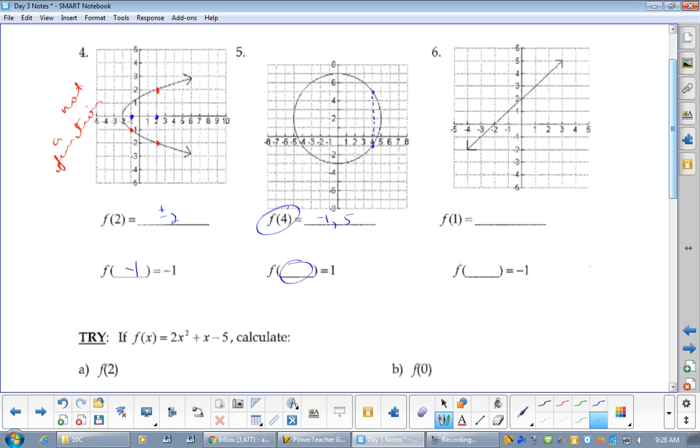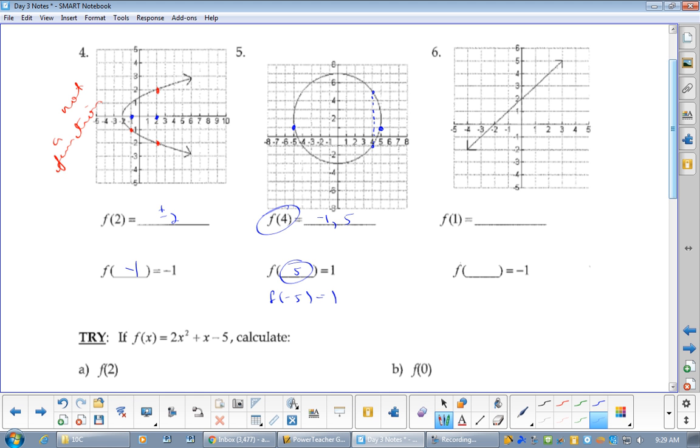Okay, what would you say? Five and negative 5. So there's my two places where y equals 1. So f of 5 equals 1 and f of negative 5 equals 1. Okay, you're starting to picture the quiz tomorrow.